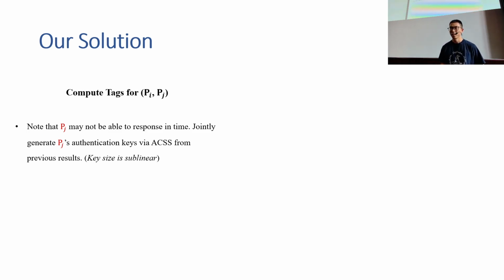So we are going to prepare the authentication keys in a distributed way. We are going to use ACSS to prepare the authentication key. The good news is that the authentication key is sublinear in the total message you want to authenticate because the long-term key can be reused. So we can just use some ACSS construction from previous work, and although it doesn't have linear communication, that is fine.